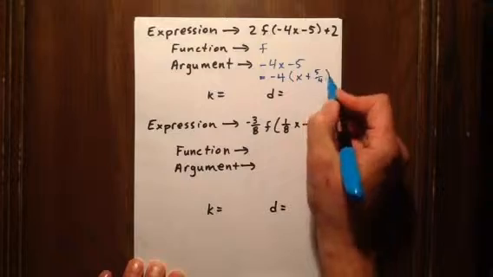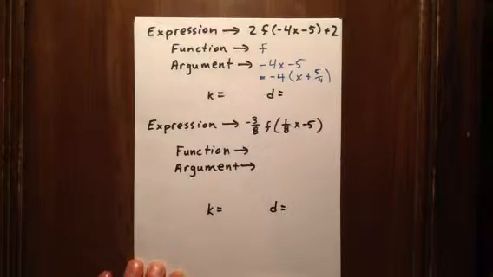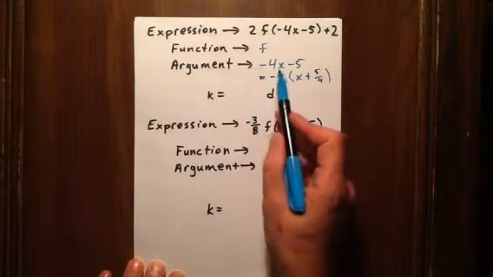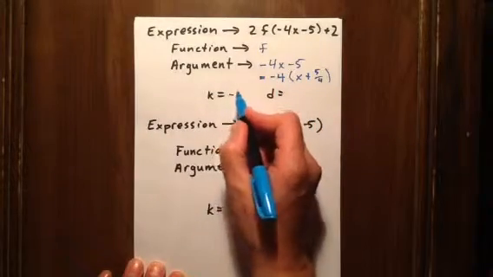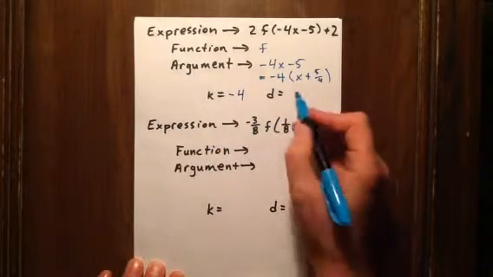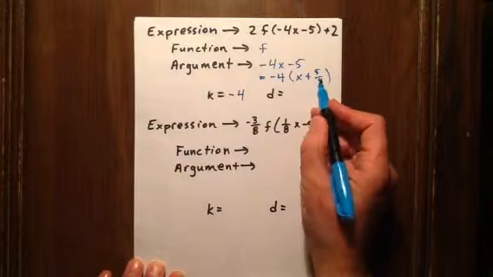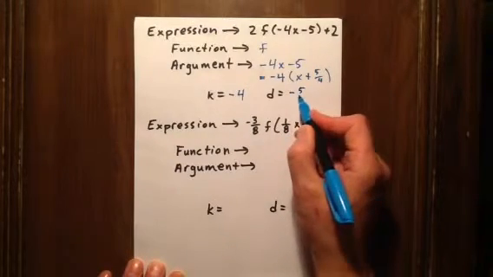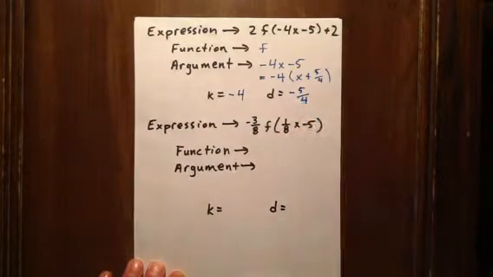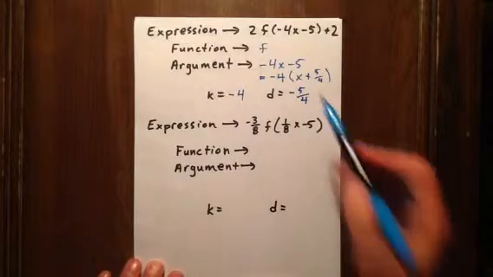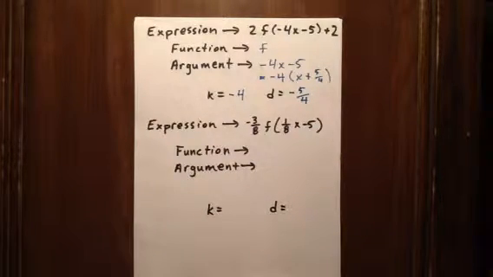Well, in this case, we have x plus 5 over 4. So our k value is negative 4, and our d value, since it's x plus 5 over 4, our d value is negative 5/4, because x plus 5 over 4 is like saying x minus negative 5/4. So d is negative 5/4.